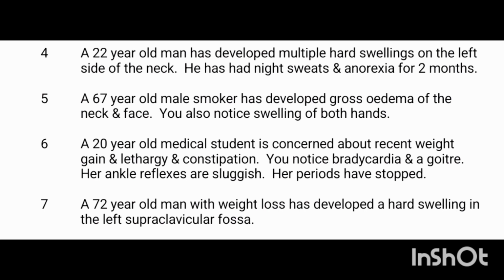If you remember the superior vena cava, it's that large vein that brings the blood drained from the head, neck, and upper limbs into the heart. And then the inferior vena cava brings everything from the bottom coming up. They all meet in the right atrium.